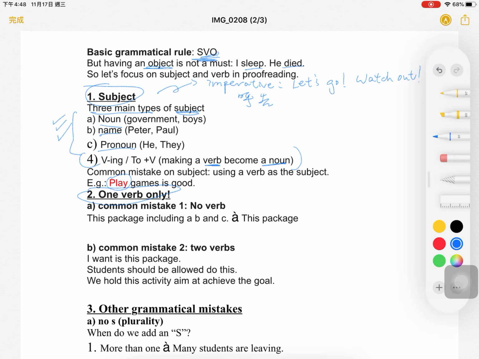When you want to put a verb at the beginning, or you want to talk about some actions and use it as the main topic of a sentence, always add ing at the end, or say to play. Playing or to play. Never use a verb as a subject.